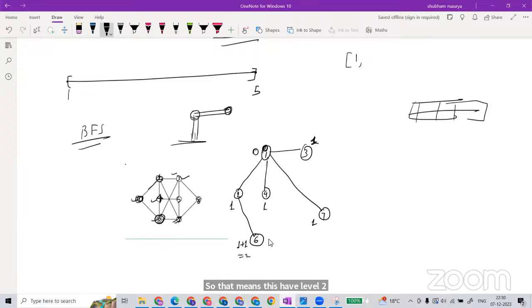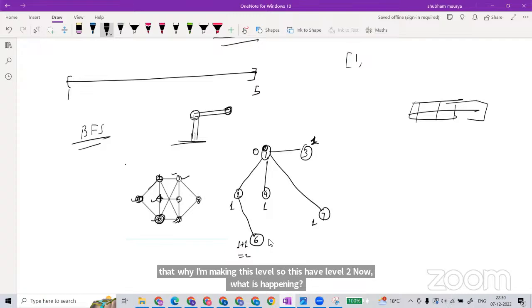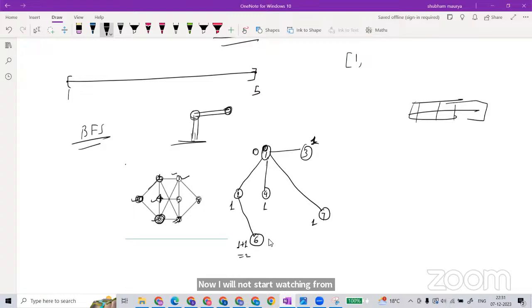Why am I making this level? After this one you will get why I am making this level. So this has level 2. Now I will not start exploring from 6. I visited this one, but I'm not going to explore 6. I have to go to the equal level.